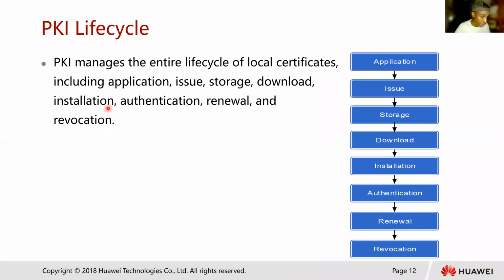Then in terms of the life cycle, the entire life cycle of local certificates includes an application process, an issue process, and a storage process. Then after that, download is done, installation is done, authentication is done.